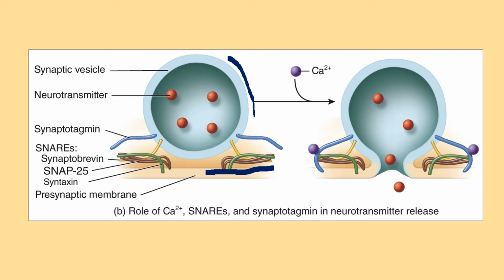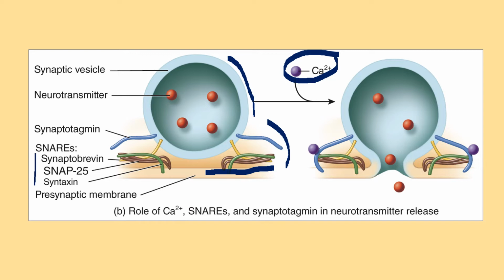When calcium enters the synaptic end bulb, because those voltage-gated calcium ion channels open up, the influx of calcium causes changes in what are known as snare proteins, or the snare complex. And you can see over here that they all have different names.